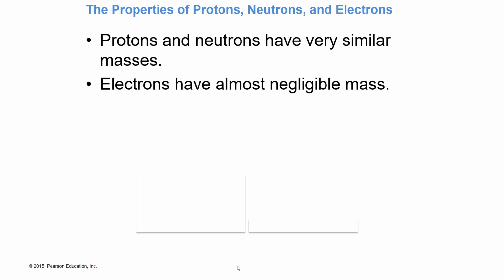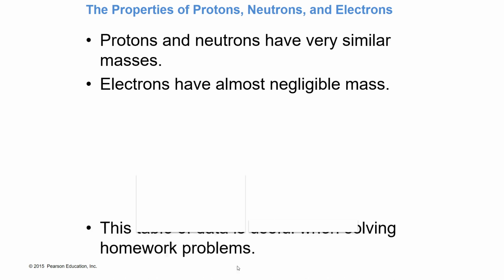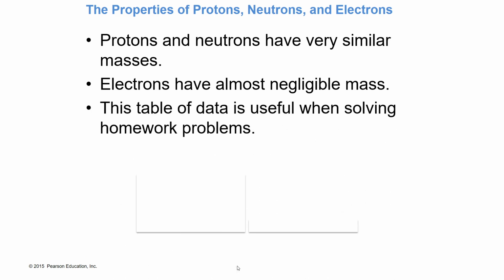All right. Electrons comparatively have almost a negligible mass, meaning it's kind of meaningless. The atom or element that has the most electrons in it would be this one with 118.